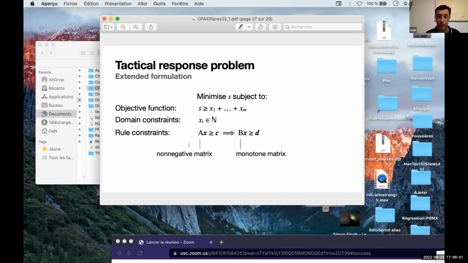And all rule constraints are implications of the form: we can generalize it to a system of linear constraints on the left-hand side of the rule and a system of linear constraints on the right-hand side of the rule. You've seen that the coefficients were very simple. They were mostly 0 or 1. But we can generalize this to a non-negative matrix on the left-hand side and to a monotone matrix, which means a matrix with at most one non-negative coefficient on the right-hand side.